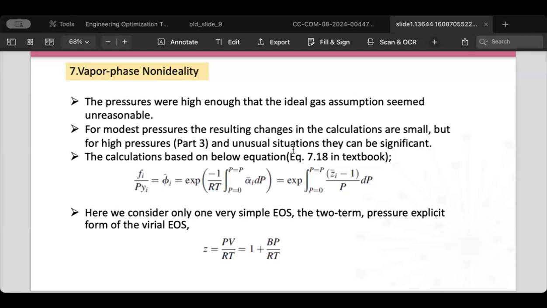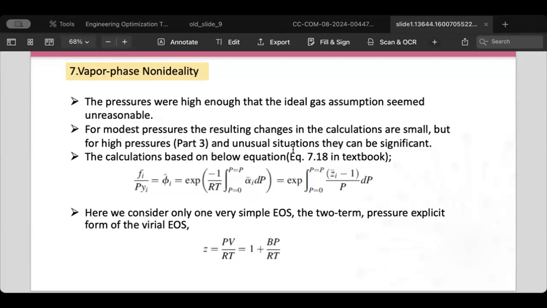You can calculate it from the fugacity coefficient, okay? Because f_i over P y_i equal phi_i hat, right? So what is phi_i hat? Phi_i hat is fugacity coefficient, okay? At low pressure, this thing becomes 1, right?